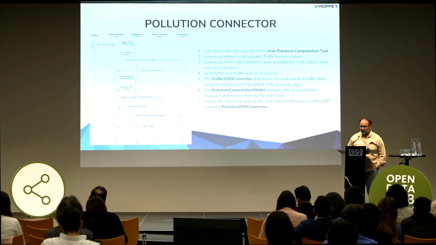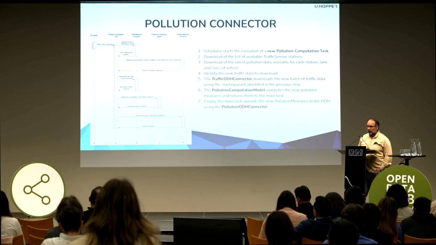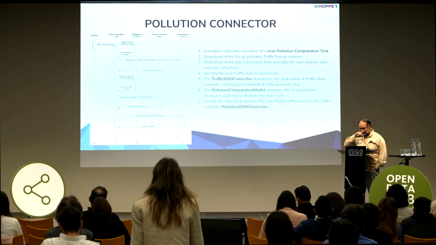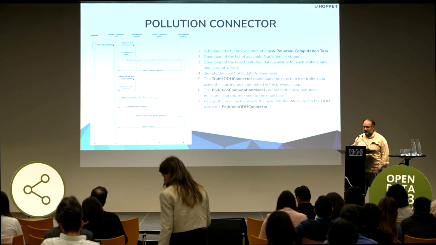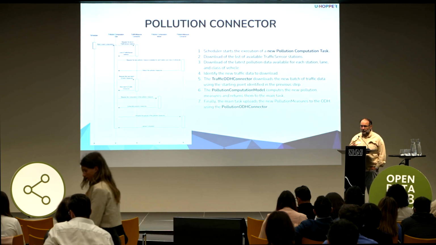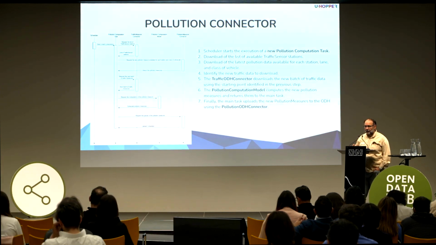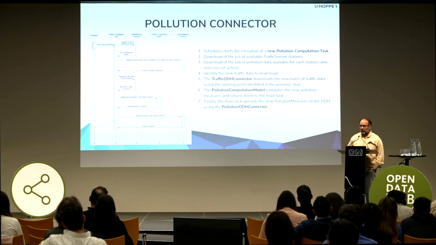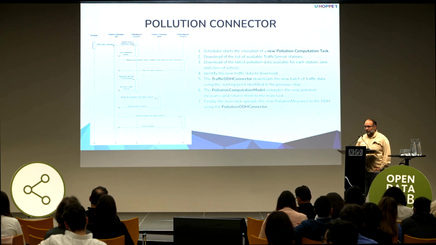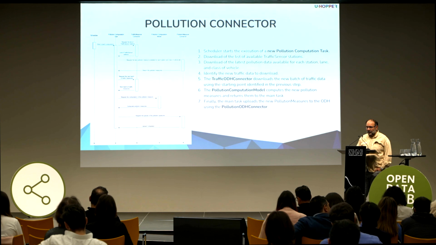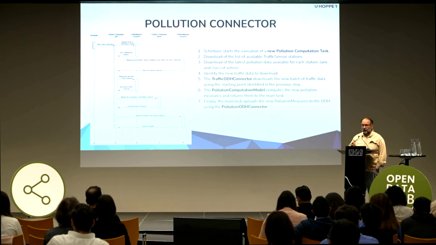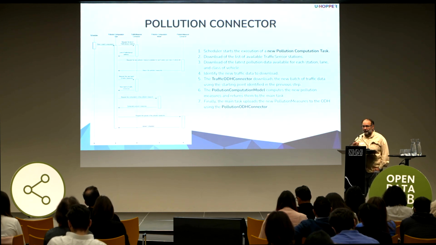The pollution connector, a bit more in detail, has this schema. So the scheduler starts the execution each 10 minutes, so we have really fresh data. It downloads the list of available traffic sensor stations and checks if they're working and if they are online and delivering the traffic data.